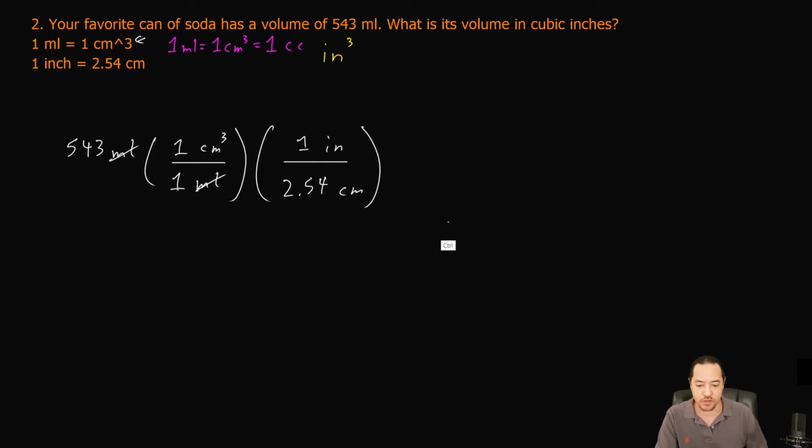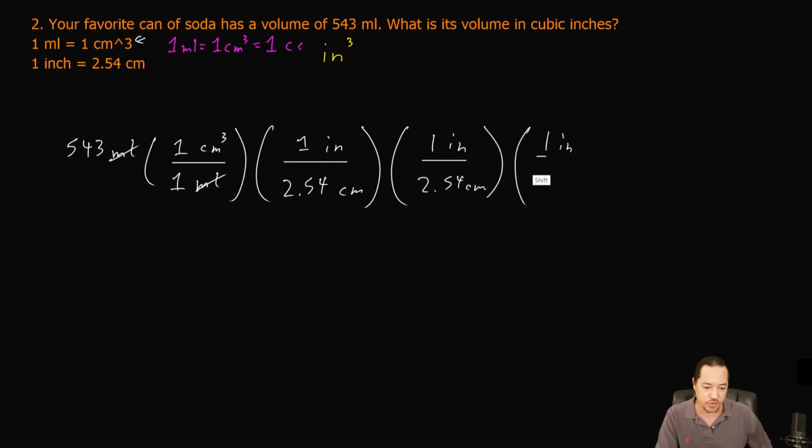So one option would be to repeat this a few times. You could multiply again by 1 inch per 2.54 centimeters. And then do it again, right? 1 inch per 2.54 centimeters. So here you would have 3 of these centimeters, right?